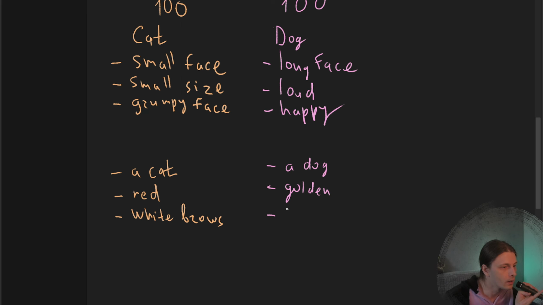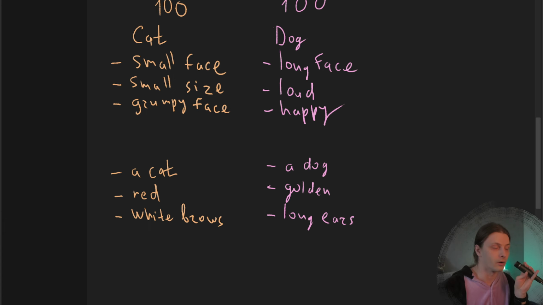Why not? Long ears. Okay. So for each animal, for each particular animal, we may have this list of properties to describe them.